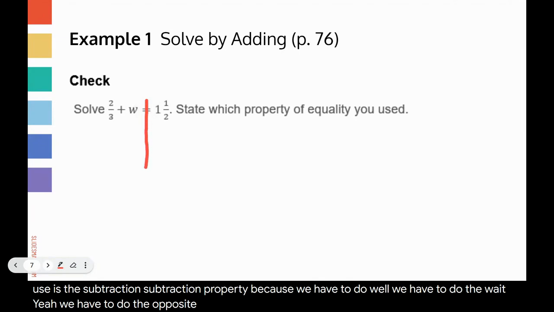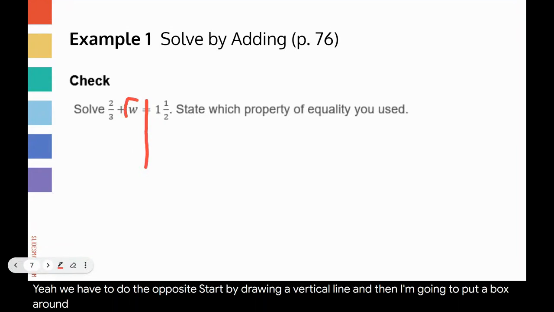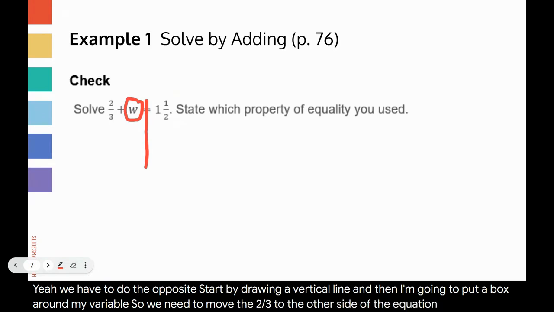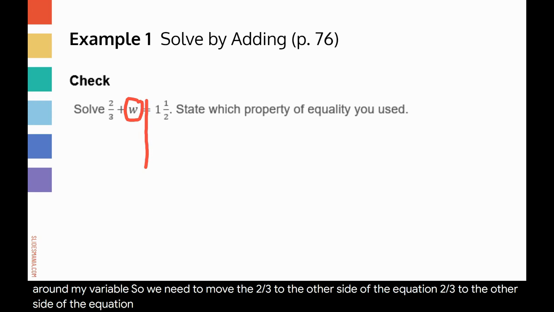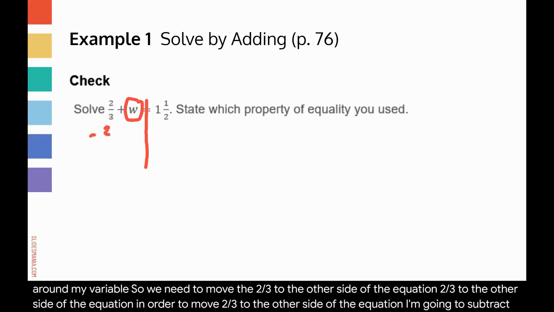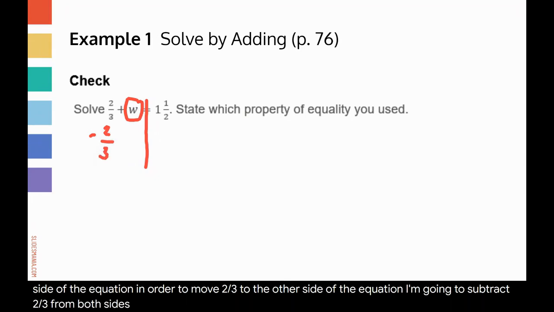So I'm going to start by drawing a vertical line. And then I'm going to put a box around my variable. Okay, so we need to move the 2/3 to the other side of the equation. In order to move 2/3 to the other side of the equation, I'm going to subtract 2/3 from both sides.